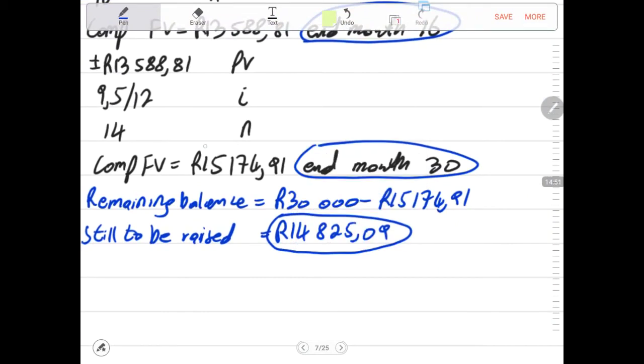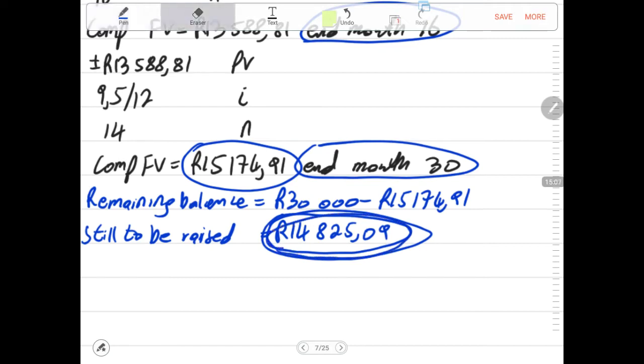This is what we have, but what we have is not enough. It's still short by 14,825. So now we need to invest money in month 20 so that the amount that we invest in month 20 becomes 14,825.